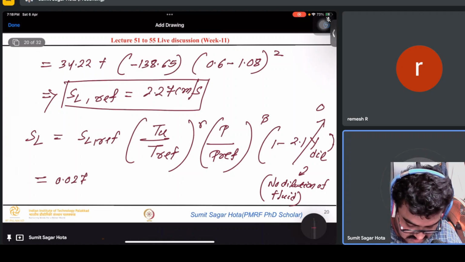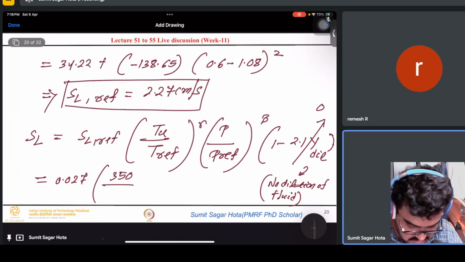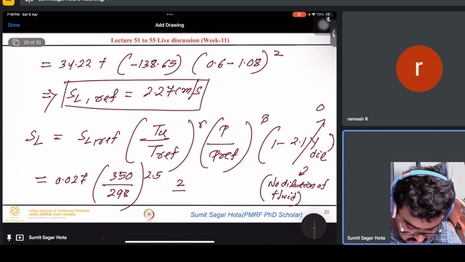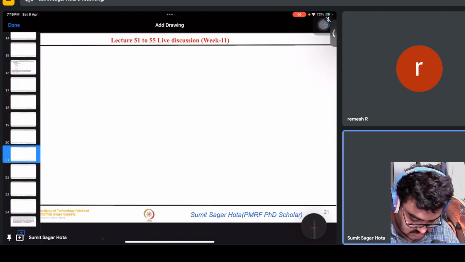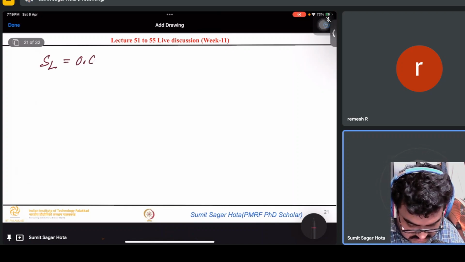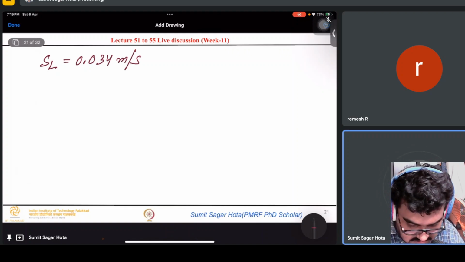Convert it into SI units. 350 by 298 by 1 plus 2.24. If you solve, SL is 0.2 meter per second.